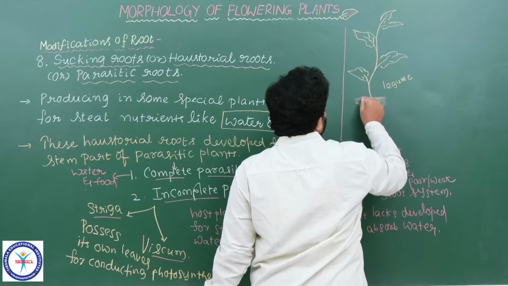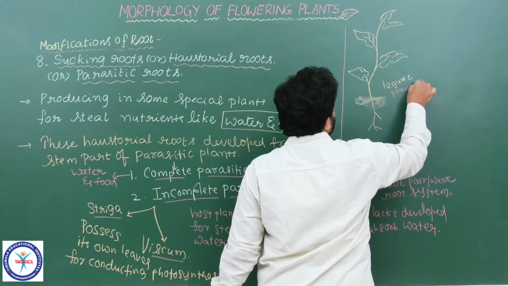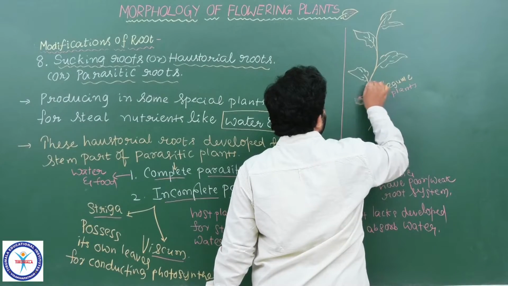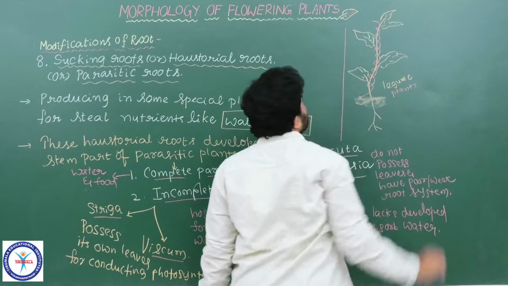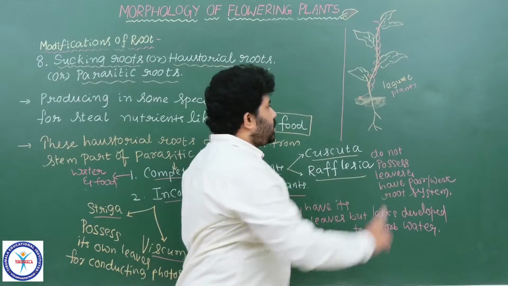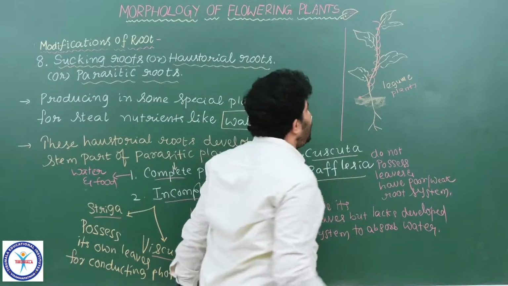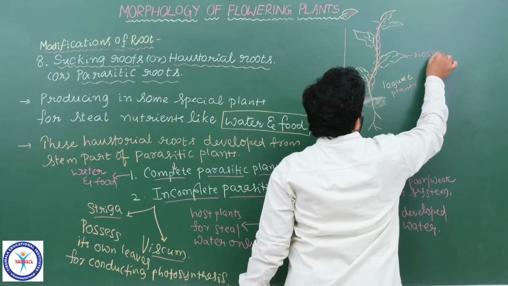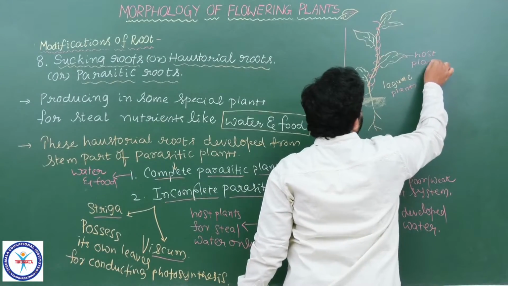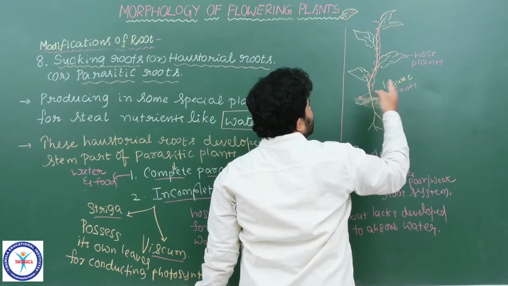So on plants like legume plants, the Cuscuta mostly twines around the stem of the legume plant. It is twining, or spinning, around the stem of the host plant. Host plant means the one which provides nutrients to others, from which the parasitic plant steals nutrients.